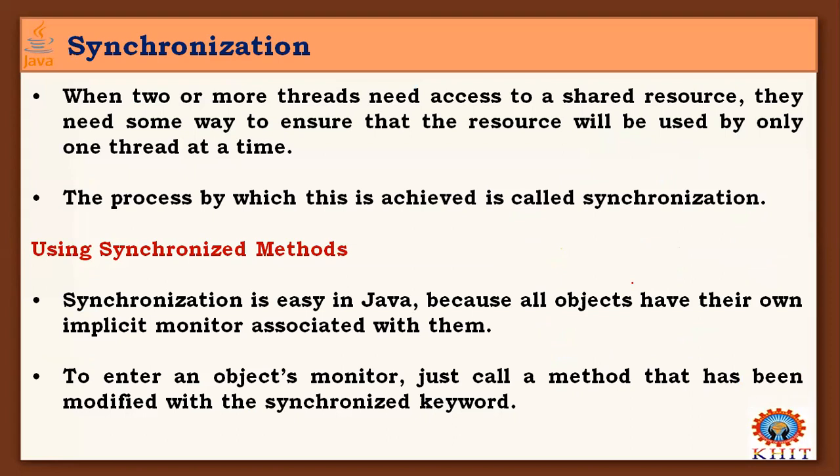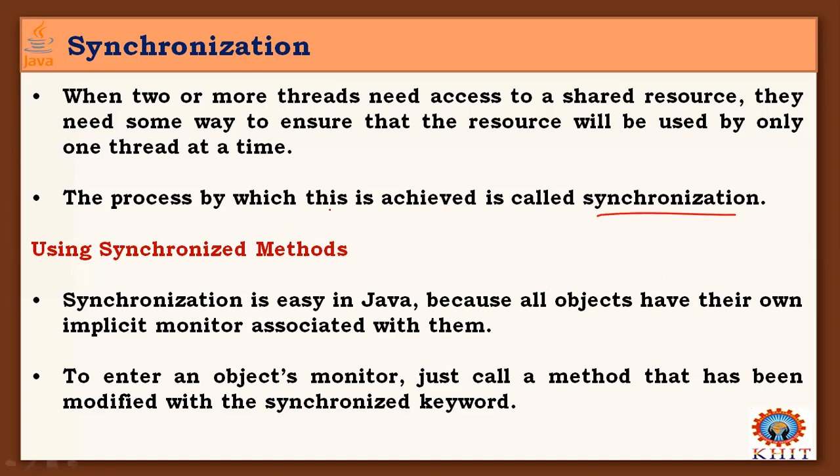Generally, it is not possible in real time for a resource to be used by two threads executing at the same time. So we need to achieve that between those two processes.